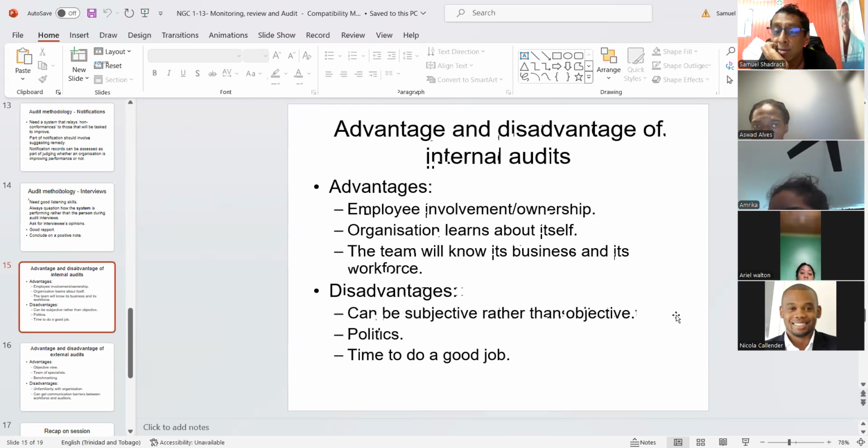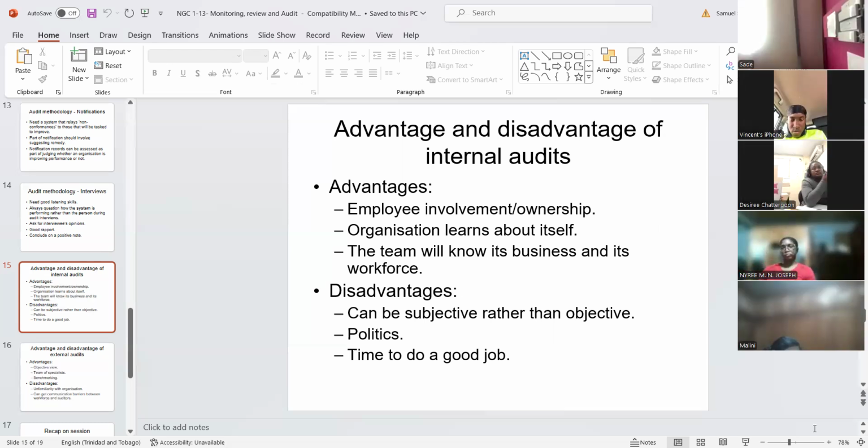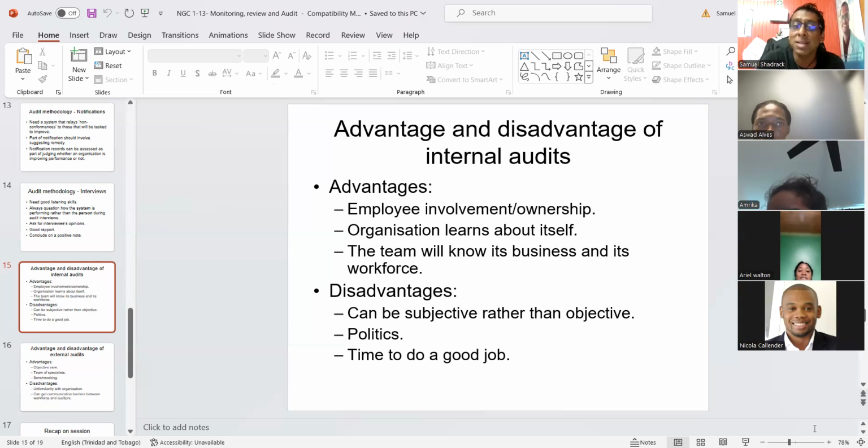So when they say you don't have time to get a good job done, that is actually true. If your workday is one in which you are sitting down and scrolling on your phone, fine, then you have a really nice job, and you can make time to do that internal audit.